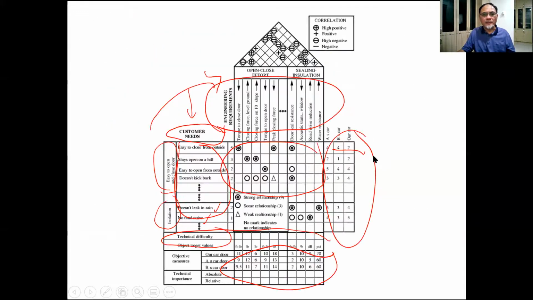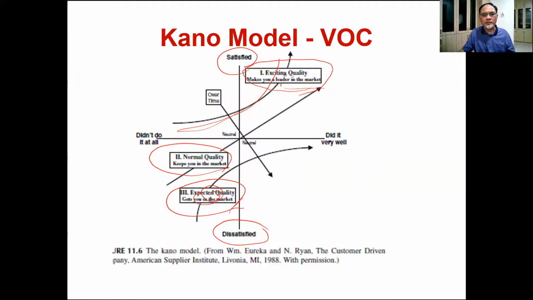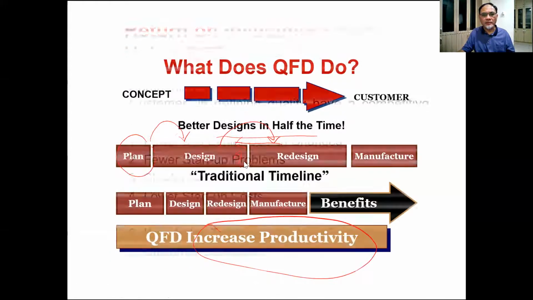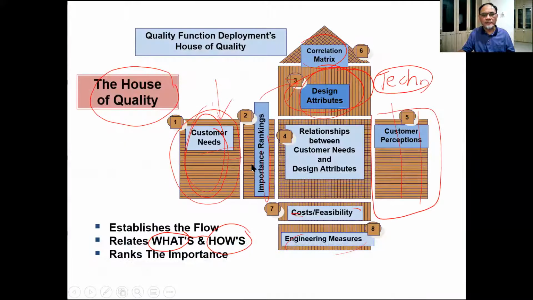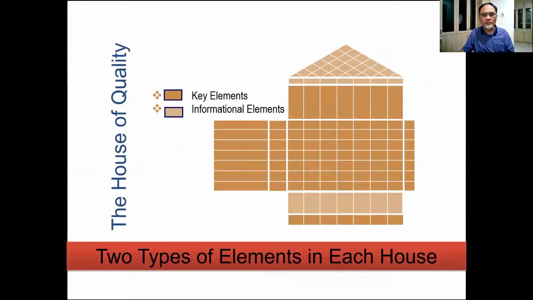Well, I think I've already mentioned QFD, the Kano model, the return on investment, and some of the brief history. But today, I would like to go into a bit more detail, a bit more of the methodology of the QFD itself, the mechanics involved in coming up with the house of quality.